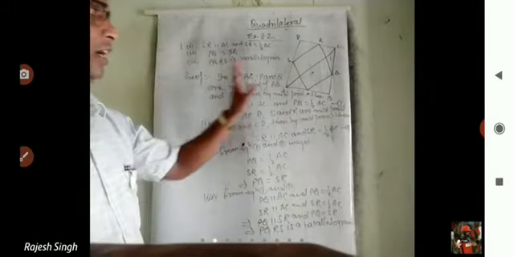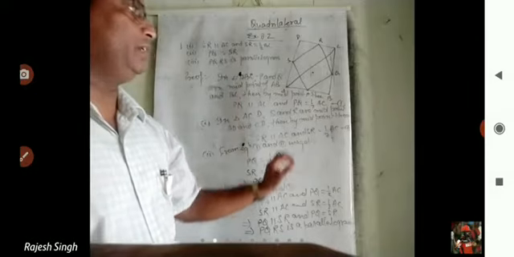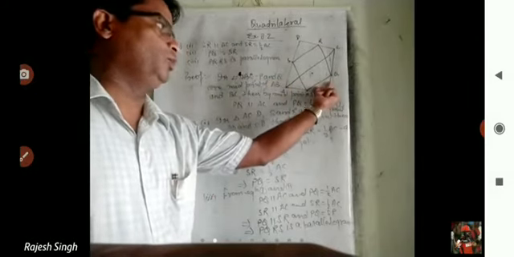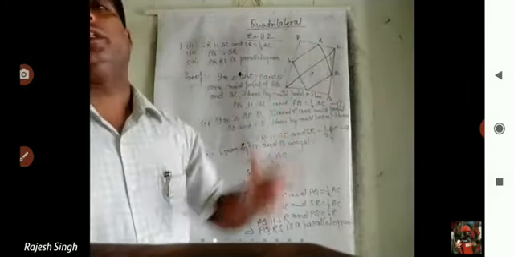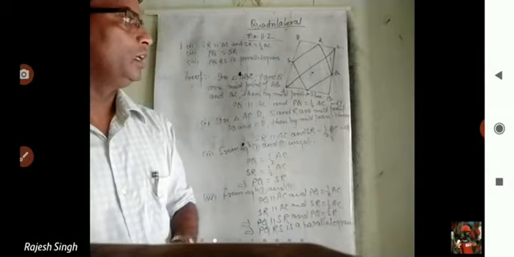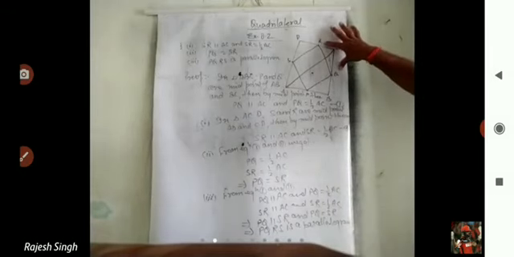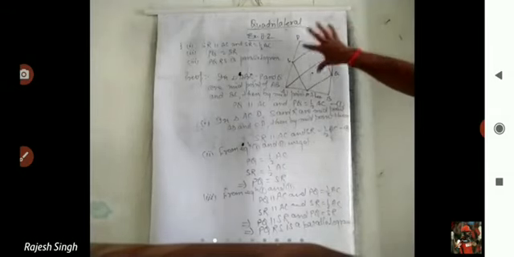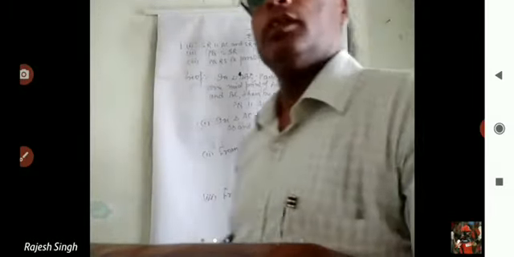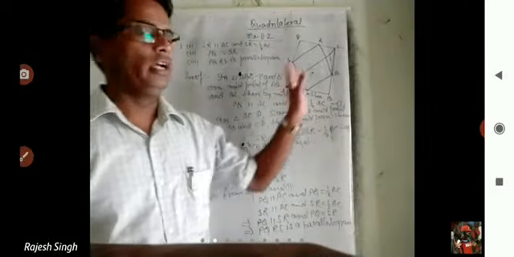By the midpoint theorem, in a very easy way you can prove PQ is equal to SR. And similarly, you can prove QR is parallel to SP and QR is equal to SP.